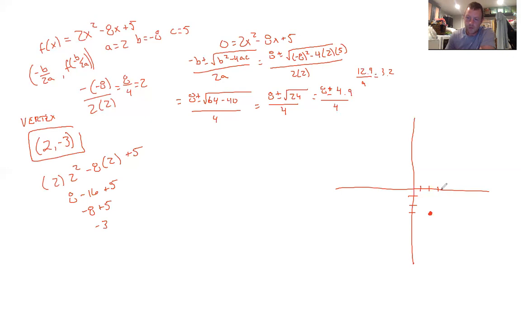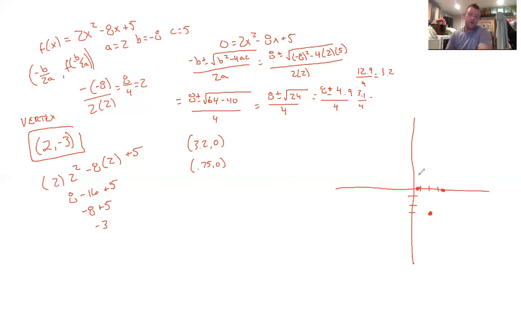Okay, so there's my first one. And then 8 minus 4.9 would be 3.1 divided by 4. Okay, that's around 0.75. Okay, so that would be somewhere in there. Okay, and see how it's pretty symmetric.